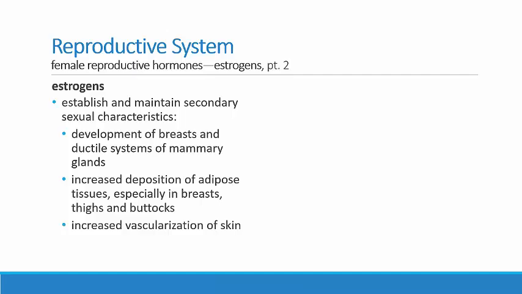We get more blood vessels, more capillaries, especially in the skin as a result of estrogens. And that also increases the vascularization of the lining of the uterus. The endometrial lining will have increased vascularization as a result of all this.